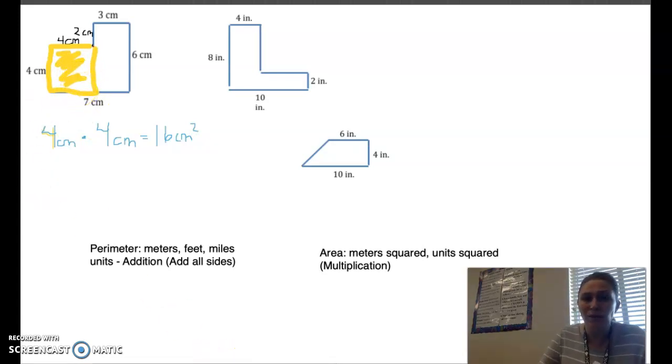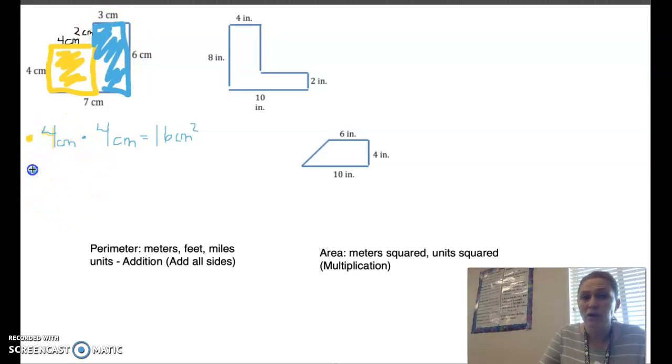So maybe we'll make a little yellow dot right here so we can see that this is the yellow square. Okay, and then let's do this one, this blue one right here. The area of this one is also going to be length times width, but again, I want to just look at the length and the width of this one. This one is 3 and 6.